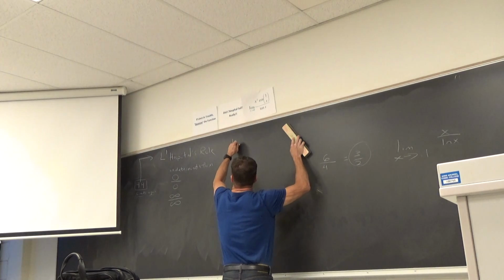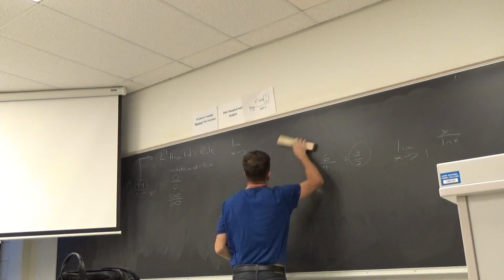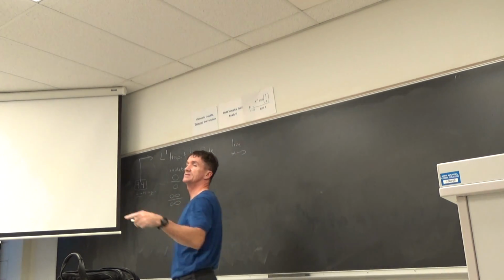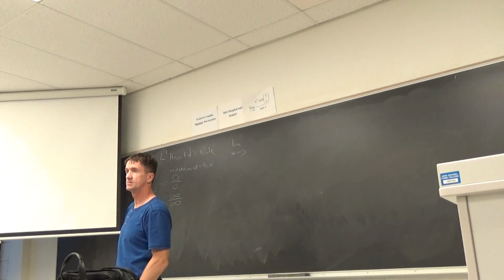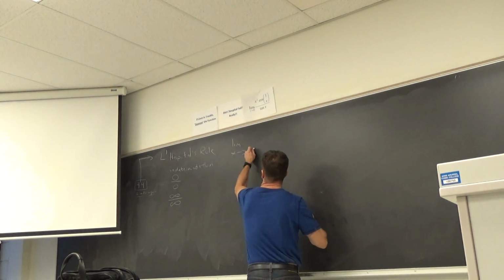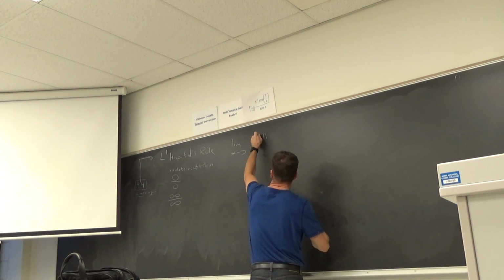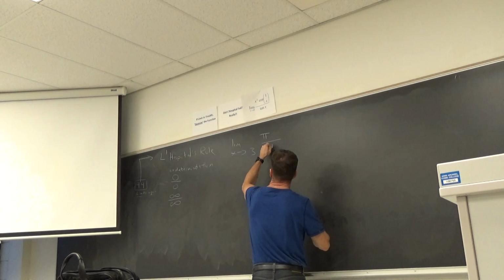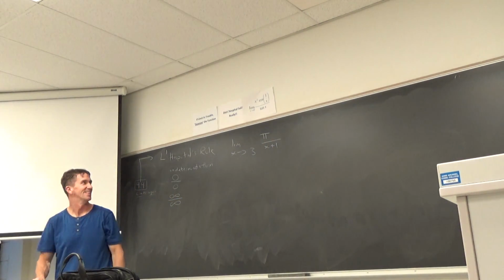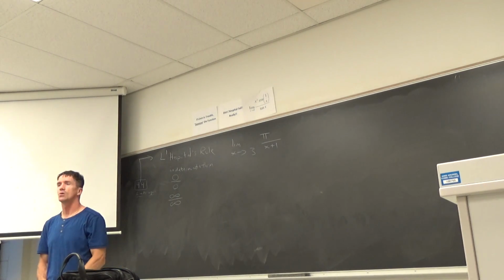Limit. I'll try to keep you on your toes, so every once in a while I'll give you something that is not an indeterminate form and you just plug in a number. Sound good? What do you do? Should I do L'Hopital's rule?